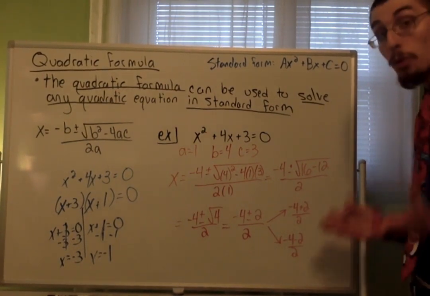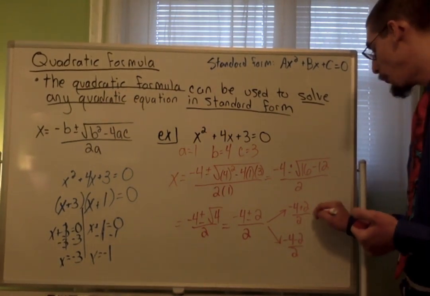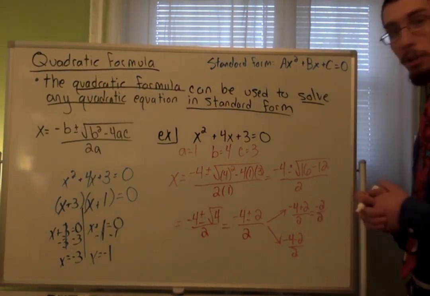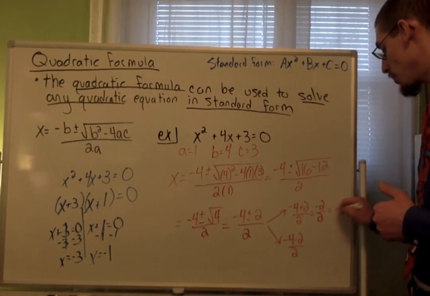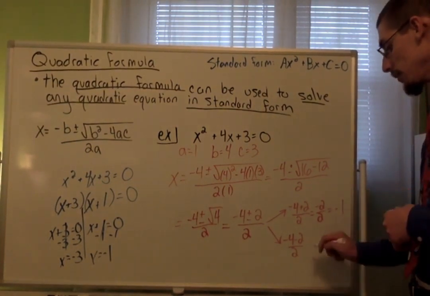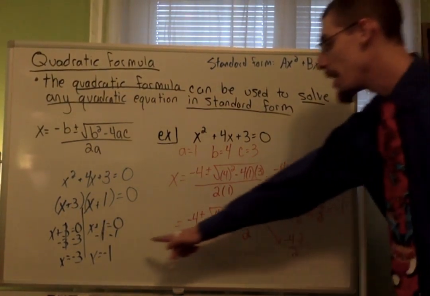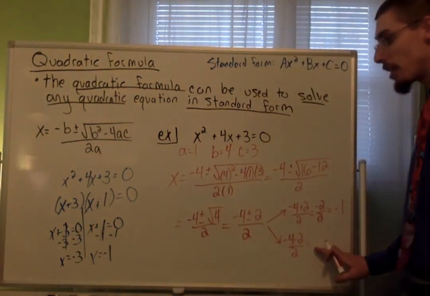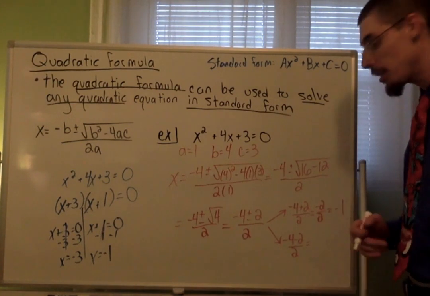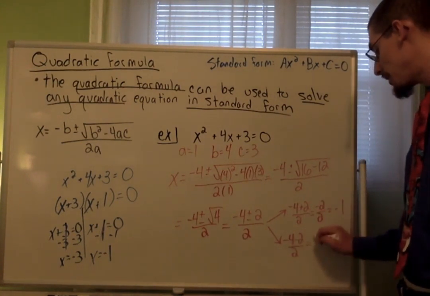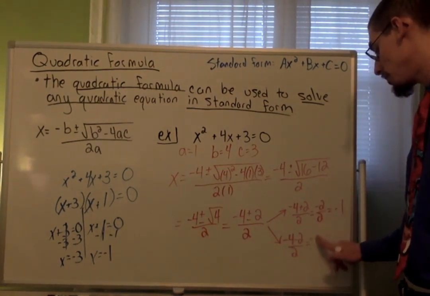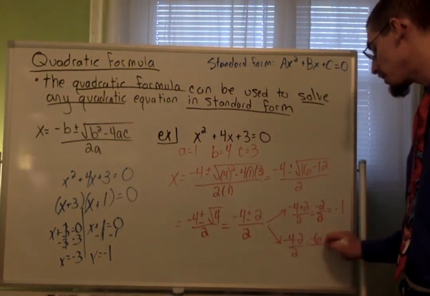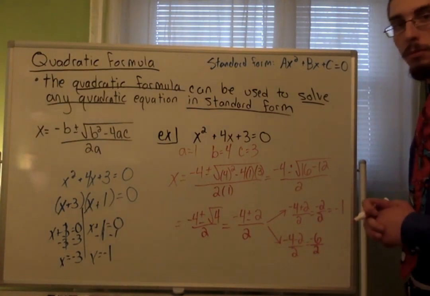Now I can do the rest of the math. Negative 4 plus 2 is negative 2 over 2, which equals negative 1. You might notice negative 1 was one of the answers I had over here. We could take a guess that the answer here should be negative 3. Let's see. Negative 4 minus 2 is negative 6 over 2.